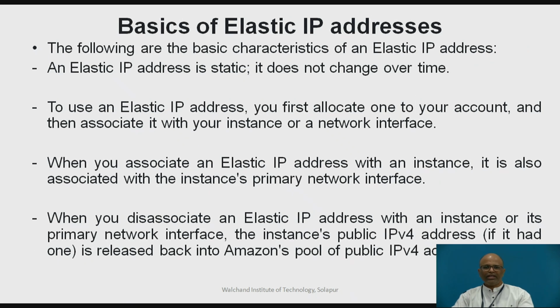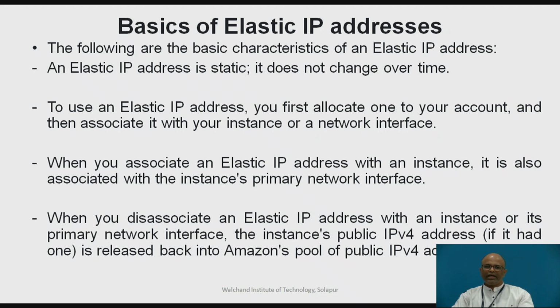So what are the basics of elastic IP addresses? Following are the criteria or characteristics of elastic IP addresses. The first one is that an elastic IP address is static. It does not change over time. To use an elastic IP address, you first allocate one to your account and then associate it with your instance or virtual machine or a particular network interface card.